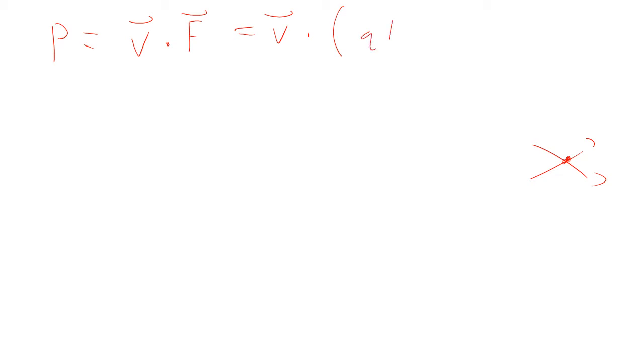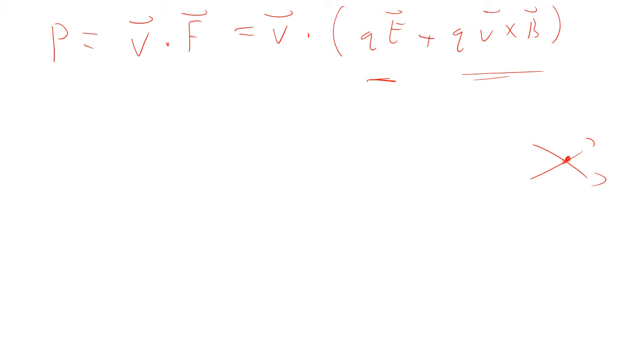So it'll be QE plus QV cross B. So this is your electric force and this is your magnetic force. So they're both acting on something because electromagnetic waves actually carry both.